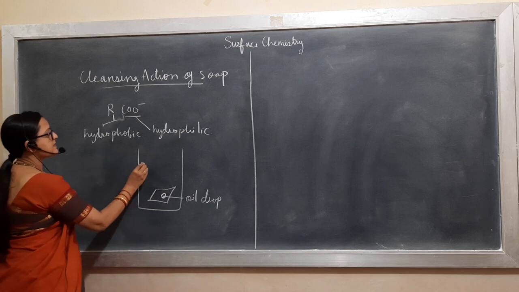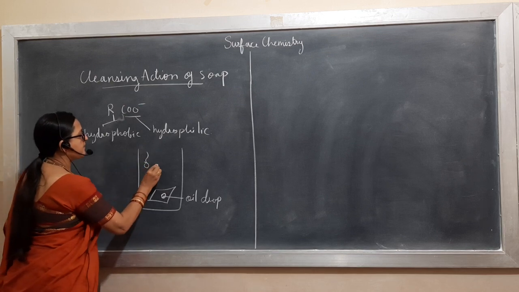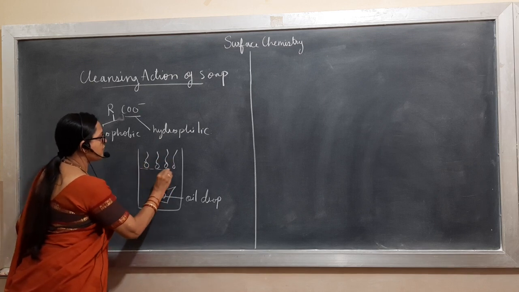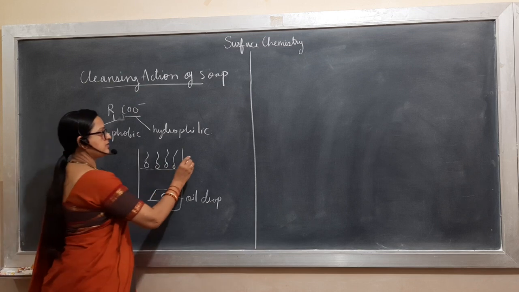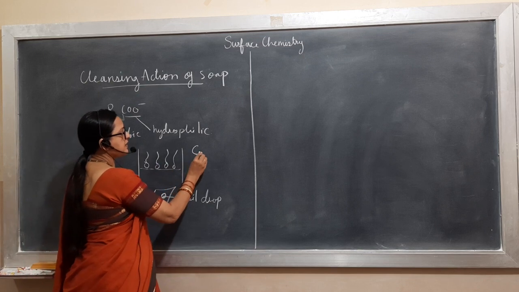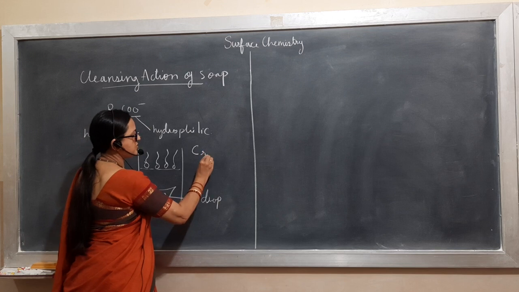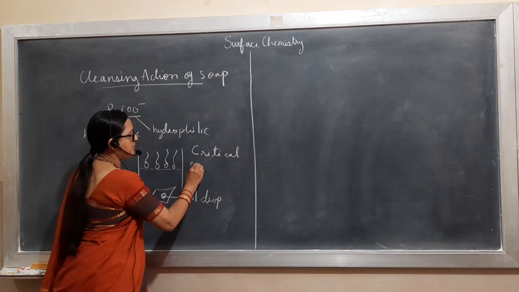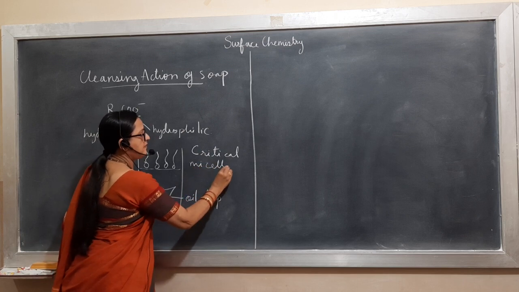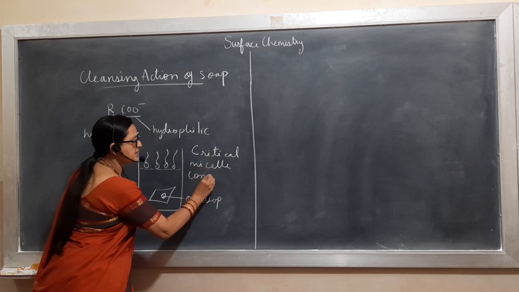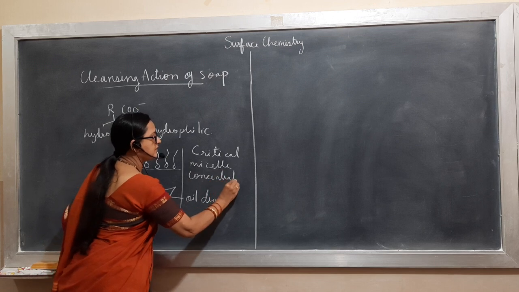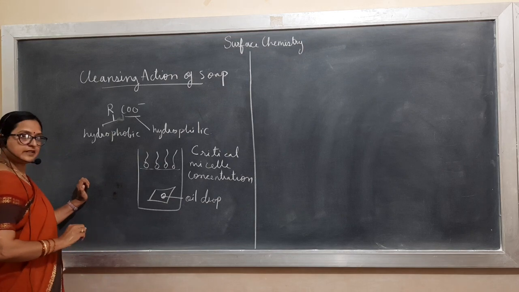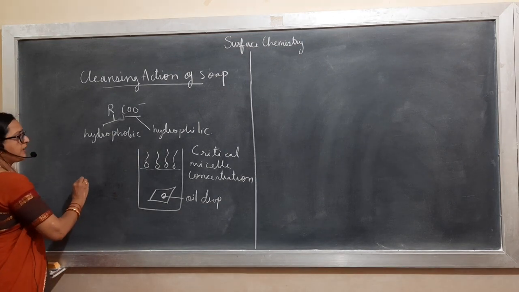What happens here is, all these hydrophobic ends are above the surface of water, and at a certain concentration called critical micelle concentration, all these ions aggregate together and form a micelle.